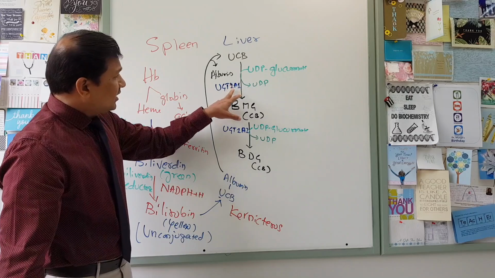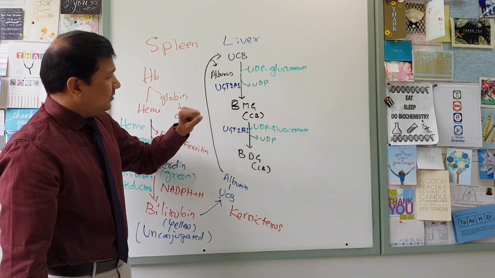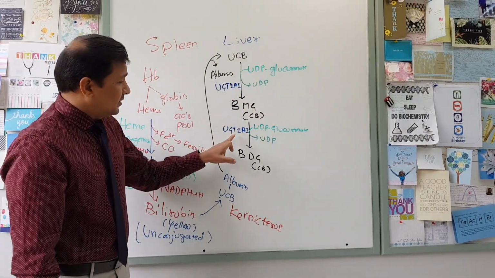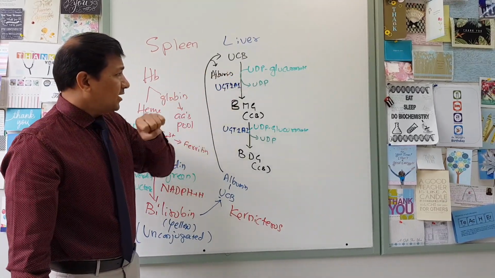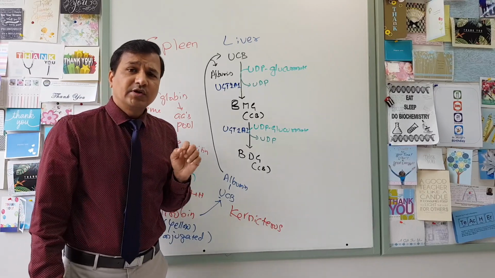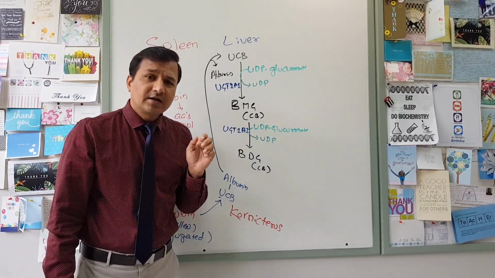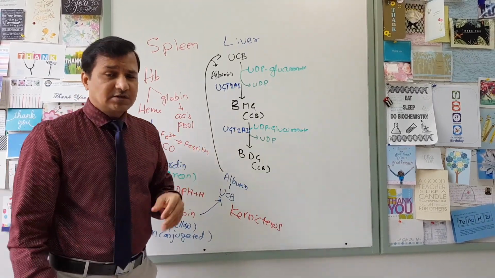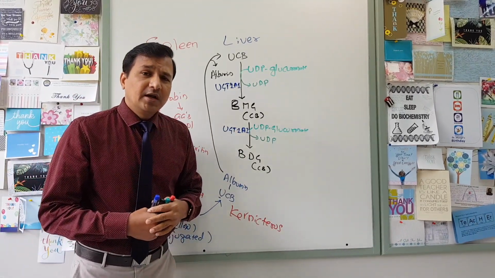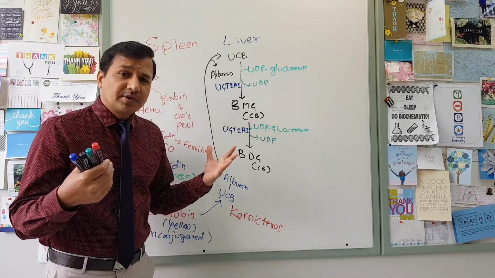Now, any defect in these enzymes, say a defect in the UDP glucuronosyl transferase 1A1 enzyme, can give rise to a disease. If there is complete absence of UGT1A1, this will give rise to a disorder called Crigler-Najjar syndrome type 1. And if there is a deficiency of the UGT1A1 enzyme, it will give rise to Crigler-Najjar syndrome type 2.